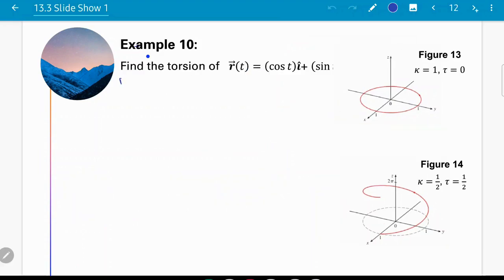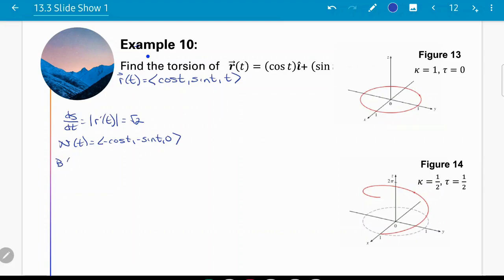Let's look at the rest of this curve. So r(t) is, this is our helix that we've been working with, cosine t, sine t, and t. So we know that ds/dt, which is the magnitude of r'(t), was the square root of 2. You had N(t) is negative cosine t, negative sine t, 0.